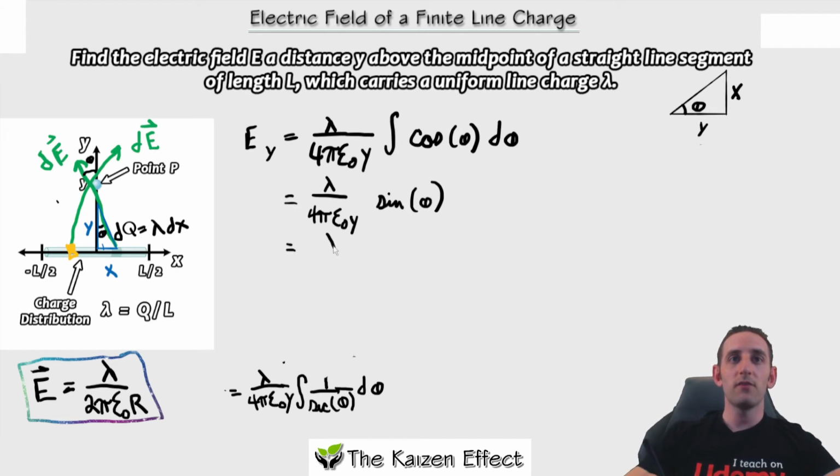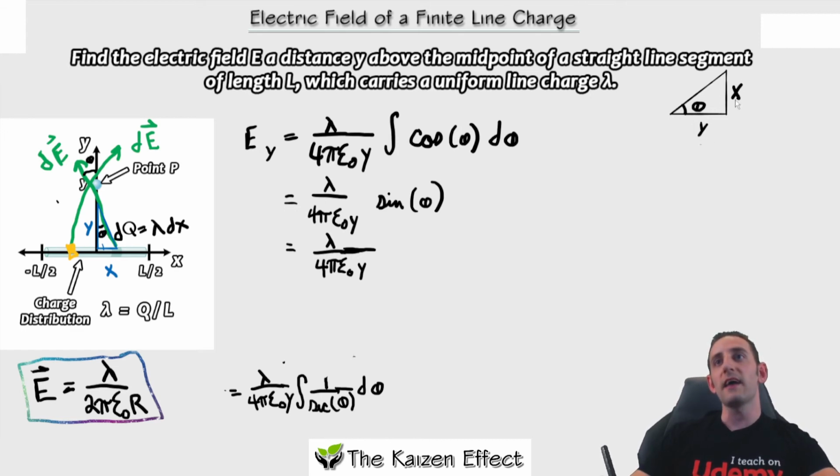So that becomes lambda over 4 pi epsilon naught y, and sine theta, we can use this because we said tan theta is x over y. Sine theta is just going to be x over the distance of this guy. So that also looks very similar to this triangle, right? x over that. Same thing.